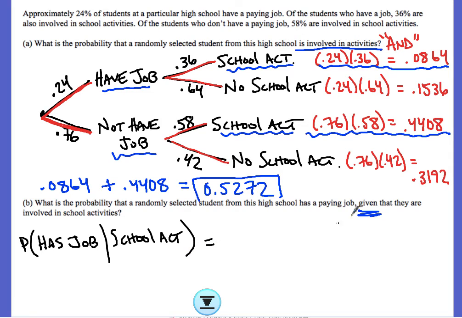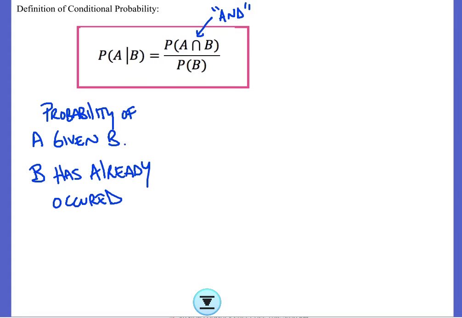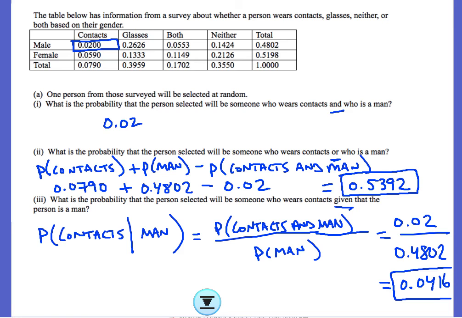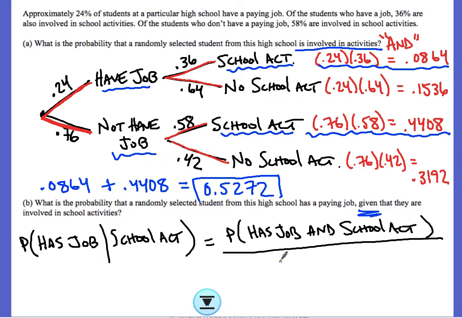All right, so our formula for conditional probability, we do the and probability on the top, and then whatever we're given goes on the bottom. So I will have the probability of having a job and being in school activities on the top. And then on the bottom will just be the probability of being in school activities.